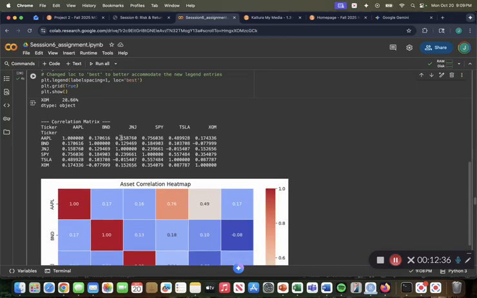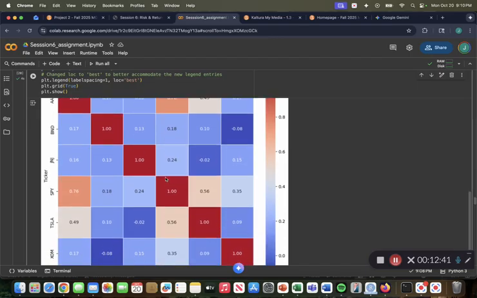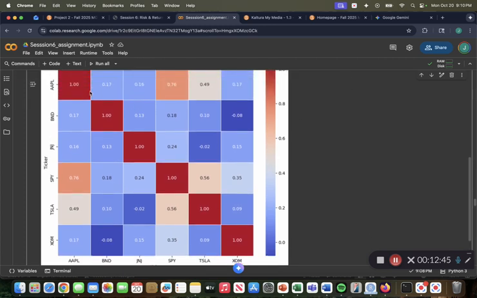And then we calculated another correlation matrix, this time including the S&P 500 data. So again, showing that here all the bonds put against each other have a correlation of 1, and the highest correlation of stocks being the S&P 500 and Apple, showing that as the S&P 500 goes up, Apple, I guess being in there, also goes up. And then Tesla and Apple have a moderate positive relationship.